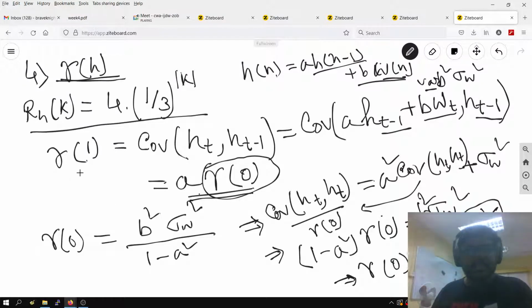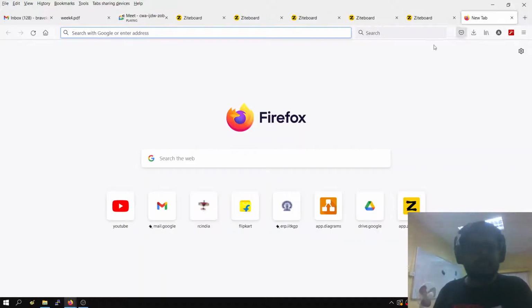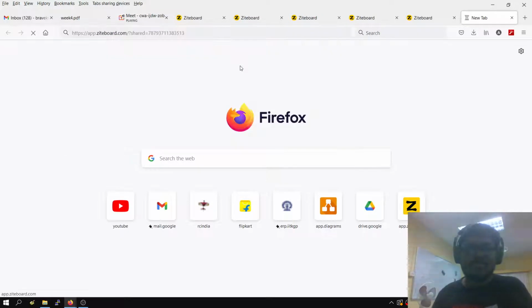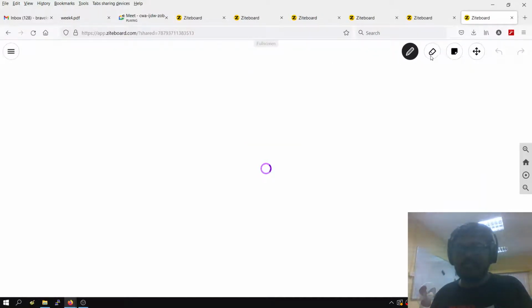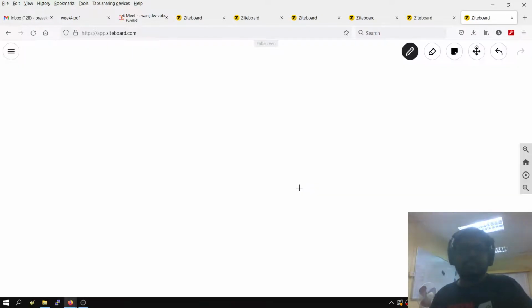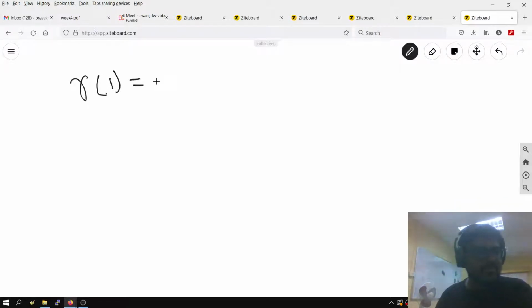Now what I had derived earlier: gamma of 1 equals a times gamma of 0.